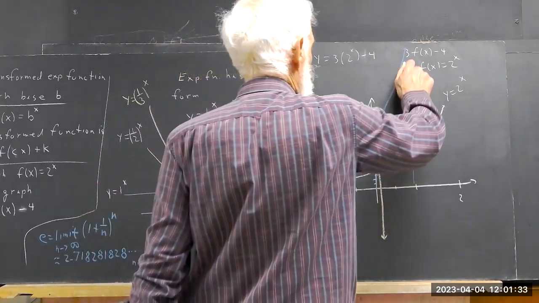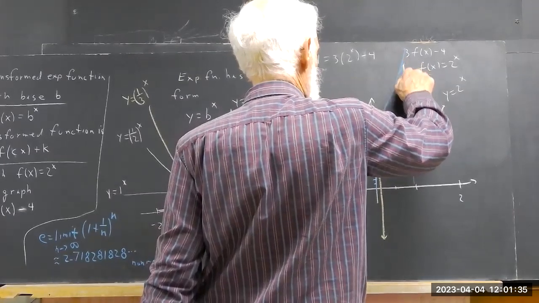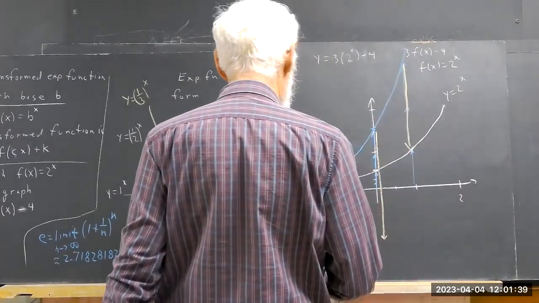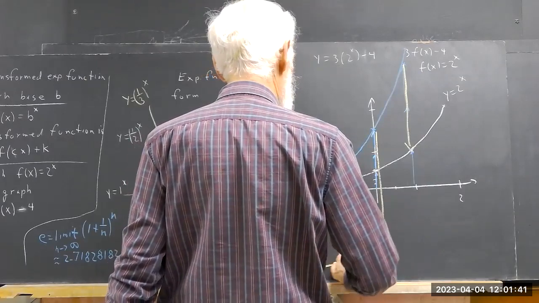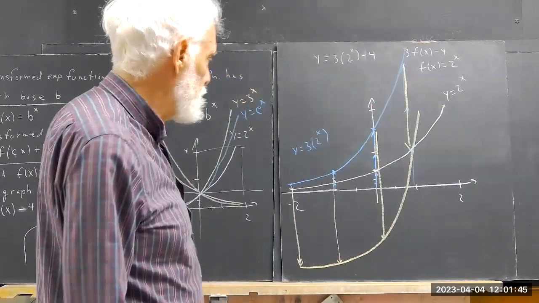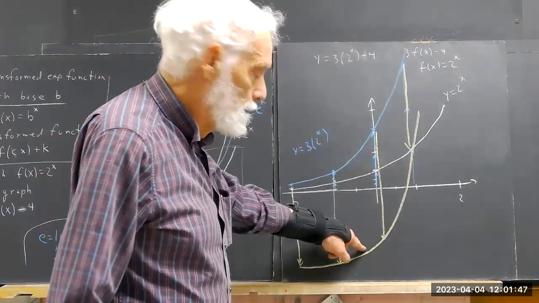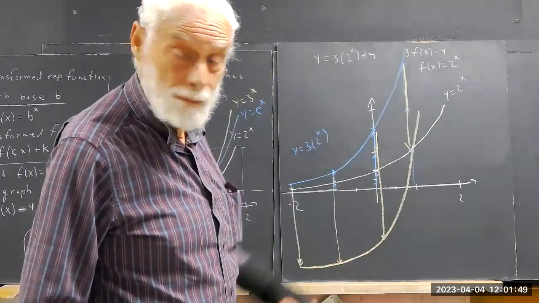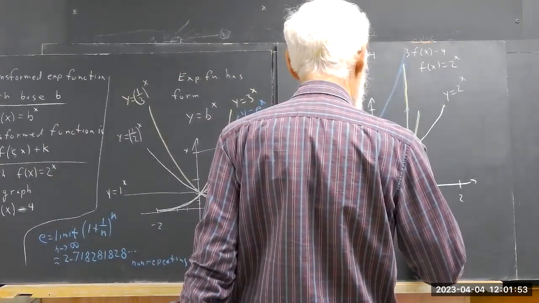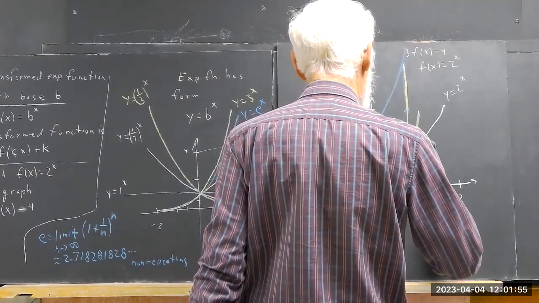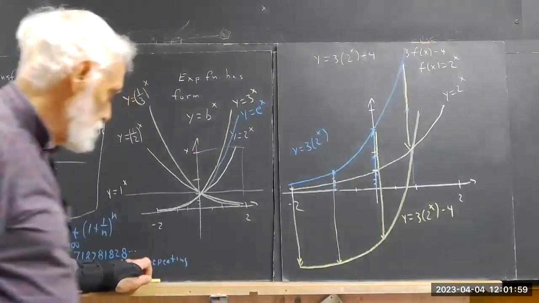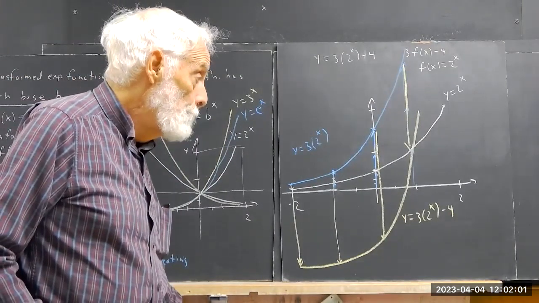At this point, we come down to here. They didn't have a point over here, but I don't have to draw the arrows over there. So you would have a graph that kind of looks like this. That would be this graph lowered down 4 units. So this is the graph of y equals 3 times 2 to the x minus 4.